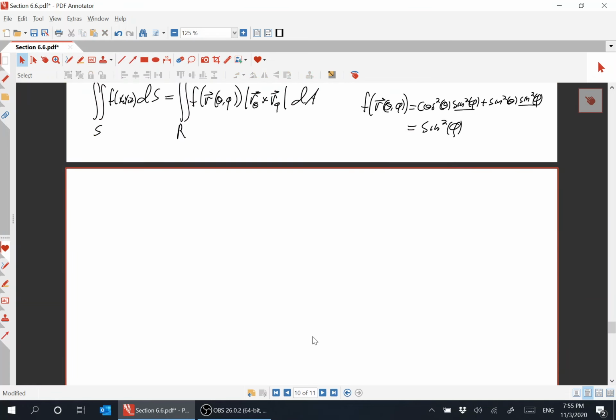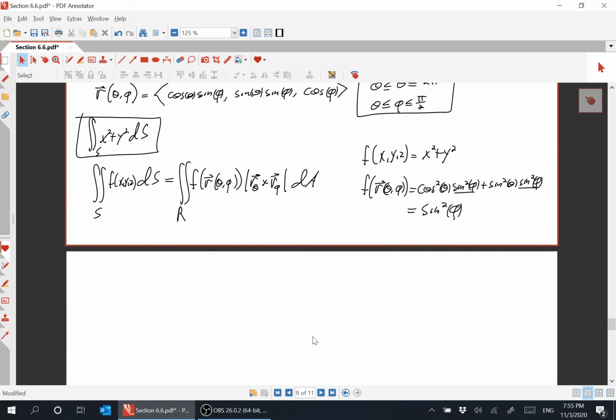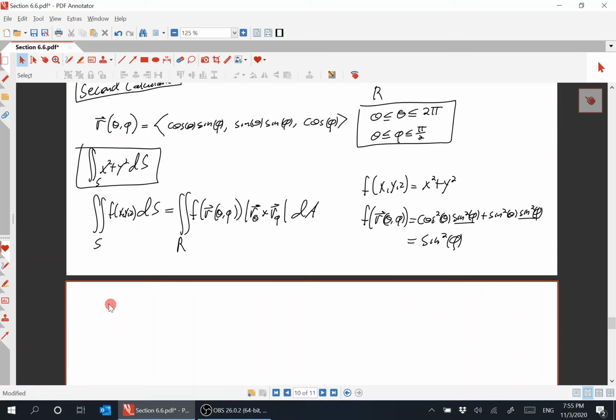All right. Now we need partial derivatives. The partial derivative of r with respect to theta was equal to, remember phi is a constant here, minus sine theta sine phi, cosine theta sine phi, and no thetas in z, so it's just 0.